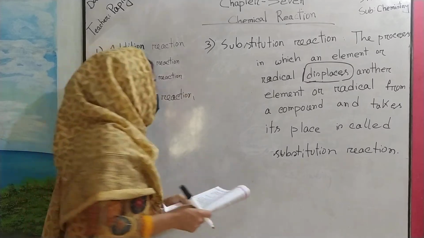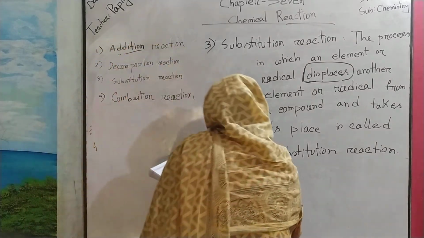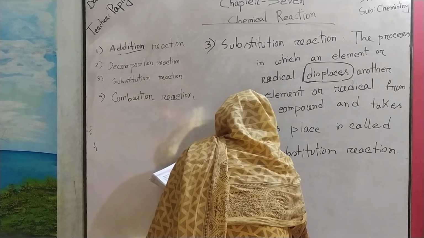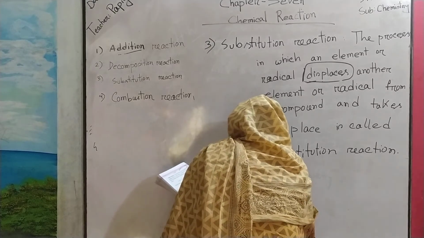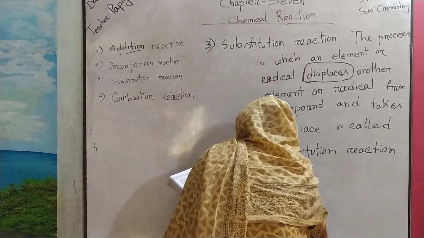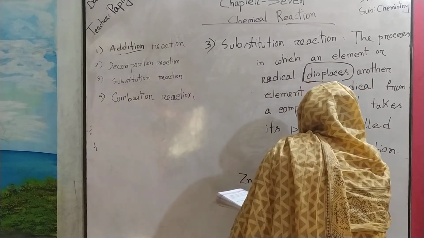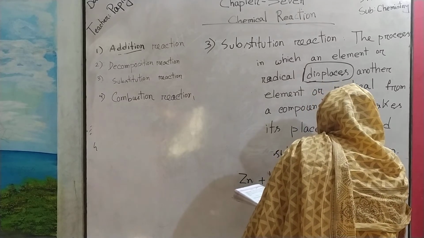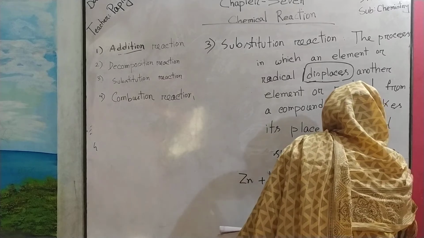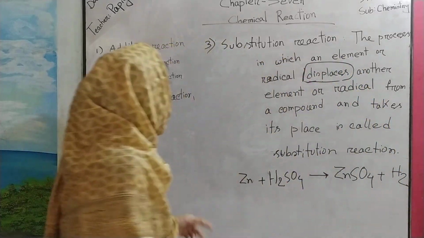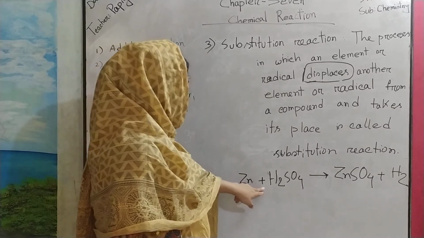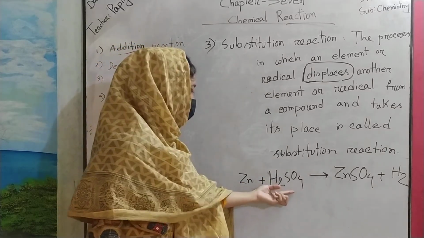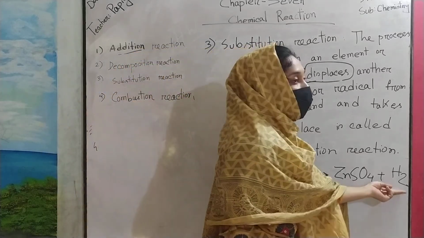Now we can see the example. Zinc reacts with sulfuric acid and we get zinc sulfate and hydrogen.